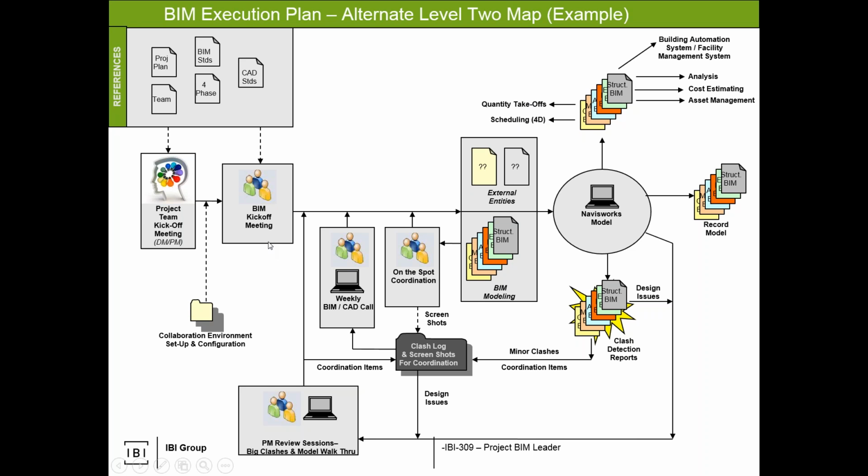We'll have a BIM kickoff, start to build this model, do some coordination, and have this cyclic review of clashes and clash mitigation, and then you build outputs to a record model or to any one of these. So some projects, the simpler process maps or streamline maps are good, just to diagrammatically show what we're doing and why we're doing it. Other projects need more in-depth. So as I said, it's very scalable.